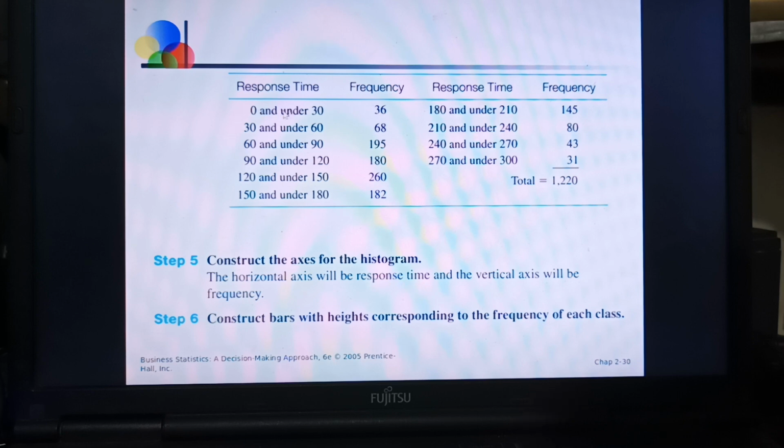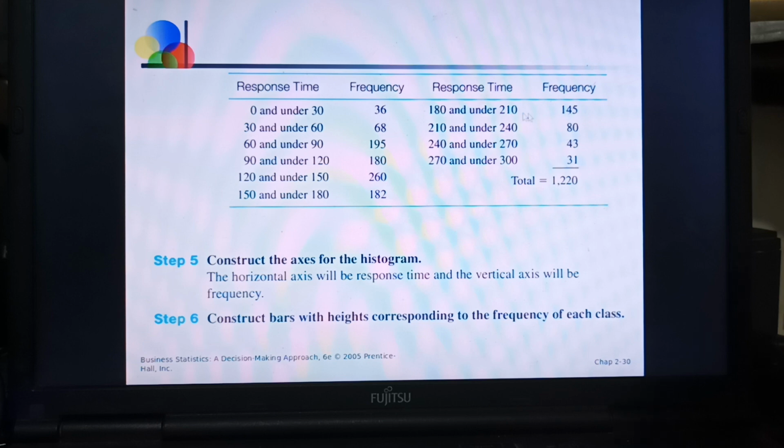Here are the 10 classes: 0 to 29 or under 30, 30 to 59, 60 to 89, 90 to 119, 120 to 149, 150 to 179, 180 to 209, 210 to 239, 240 to 269, and the last class is 270 and over.